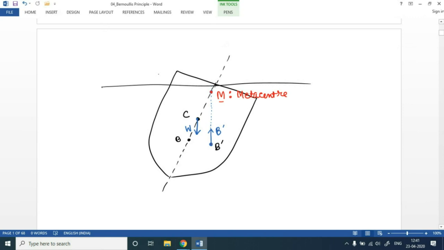Looking at this metacenter, we have a way to analyze the stability of this body. In this diagram, you can clearly see that B dash will now be producing an anti-clockwise torque about an axis passing through G. Or in other words, B dash and W will be producing an anti-clockwise couple.